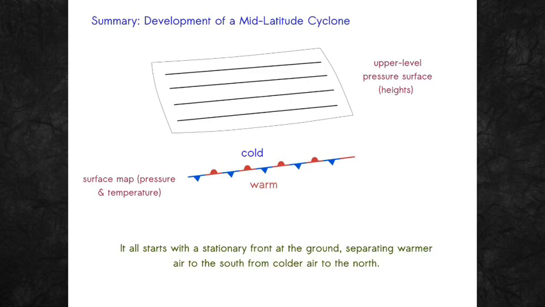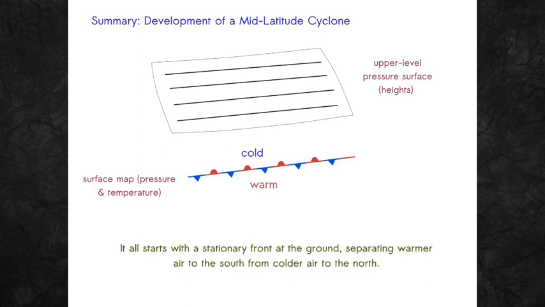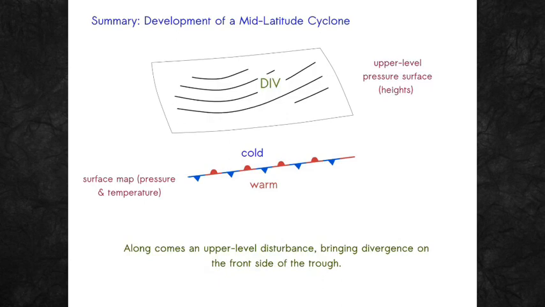But we do have the potential for disturbance because we have the temperature contrast. In order to get it going, we're going to need something to kick it off. And typically the thing that kicks this off is actually at upper levels. There'll be some wave pattern that comes in at upper levels. So we start off with the stationary front at the surface, and then there's some wave disturbance that propagates in at upper levels.